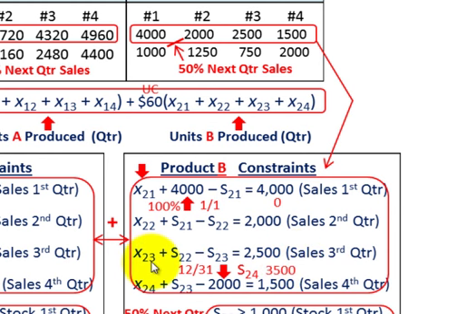And then the same thing for the fourth quarter units you're producing: you add back your last quarter's stock, and then you subtract out, remember, we were given a hard number, 12/31 was 2,000 units. That has to equal the sales of the fourth quarter, 1,500 units. But I'm moving this 2,000 over to this side of the equation to get up to 3,500. If I don't, then my program is going to give me a different solution than I'm looking for.